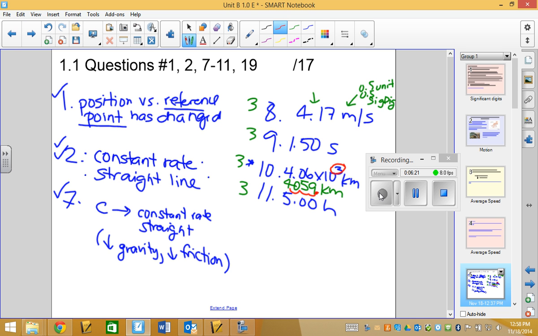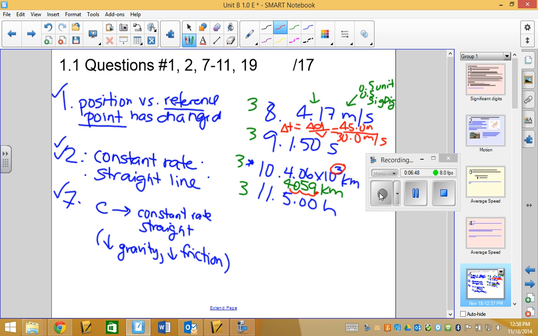In number 9, we are asking for the time. So for number 9, time, if I rearrange the formula, is the change in distance over speed. The change in distance was 45.0 meters, and the speed was 30.0 meters per second.